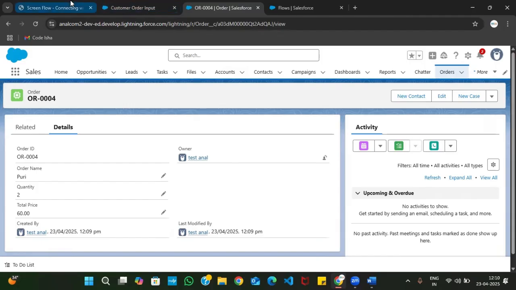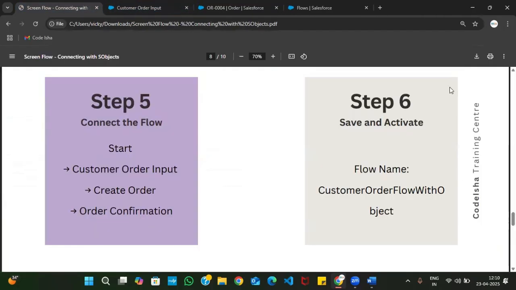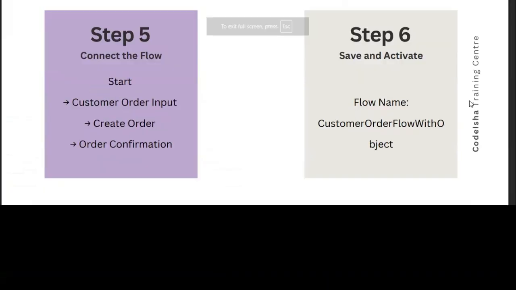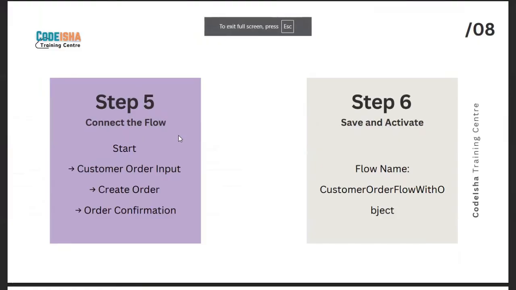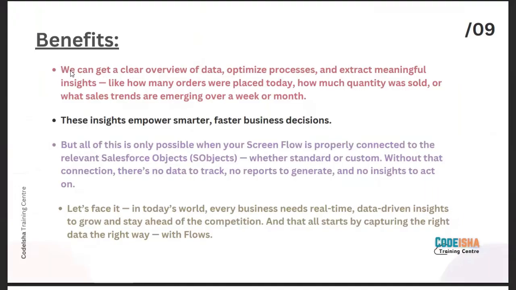Okay. So why do we use these things? So here is the benefit of using the screen flow for connecting with the SObject. Okay. The benefits are we can get a clear view of the data, optimize processes and extract meaningful insights, like how many orders were placed today and how much quantity was sold, or what sales trends are emerging over a day, a week, a month or a year.